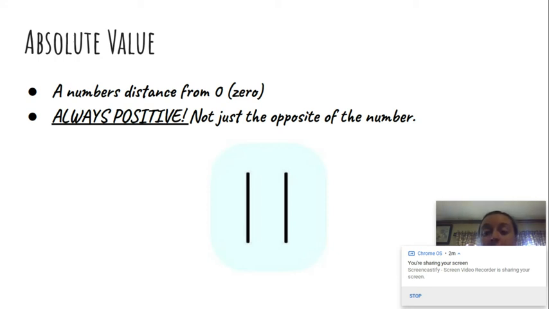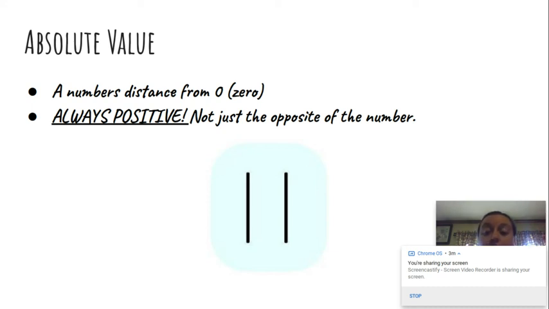It's not just the opposite of a number. So, for example, if I'm talking about negative 2, the absolute value of negative 2 is obviously positive 2 because they're the same distance from 0. But if I ask you, what's the absolute value of positive 4, you can't tell me negative 4, because absolute value is always positive.